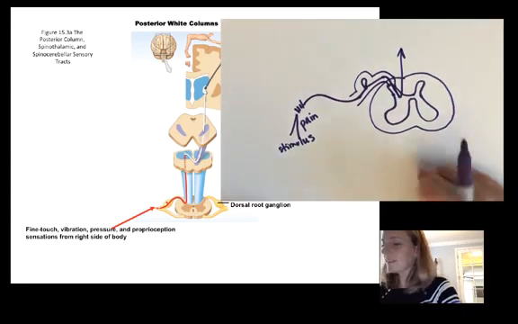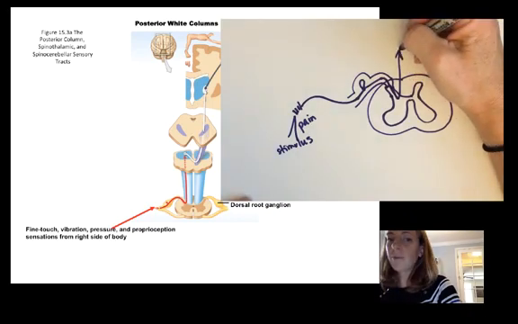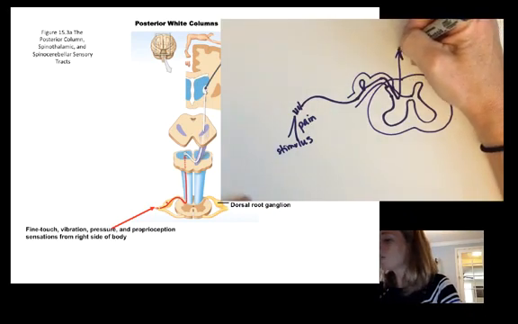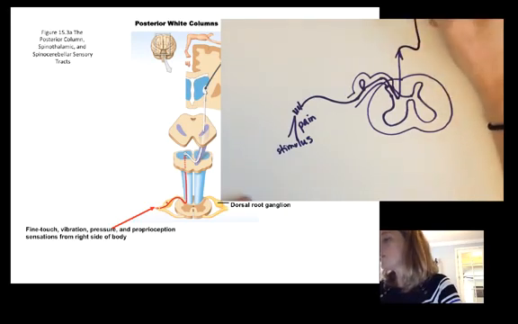In this case, it's going to travel up the brainstem, up through the medulla, cross over, and then head to the thalamus.